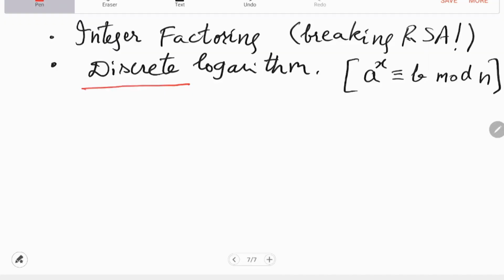And how many possibilities of x are there? Yeah, it is around n. And n is huge. n is like 1,000, 2,000, 4,000 bits, right? So the space is too big to search. So this is also a hard problem. Both integer factoring and discrete logarithm are hard, which is why RSA has survived to this day, RSA security.